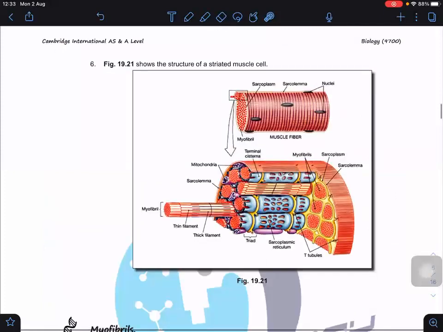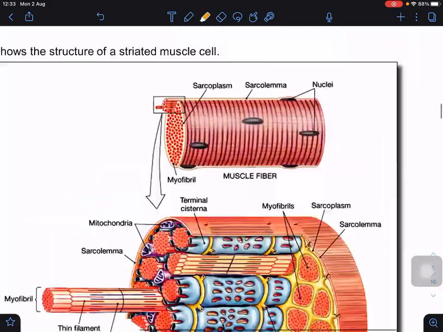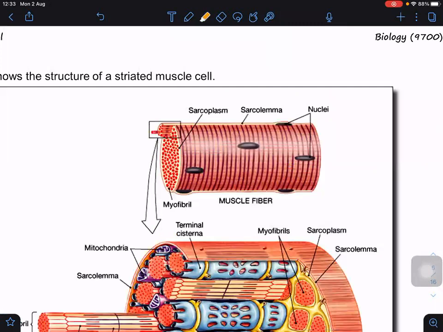So come back to this diagram now. Get the idea now. Basically, we have these few terms that you need to use generally. First, the cytoplasm of the muscle cell is known as sarcoplasm. The membrane of the muscle cell is known as sarcolemma.